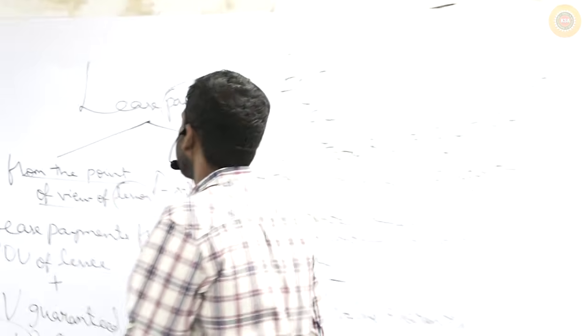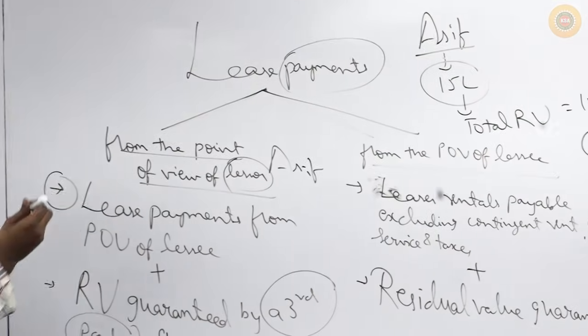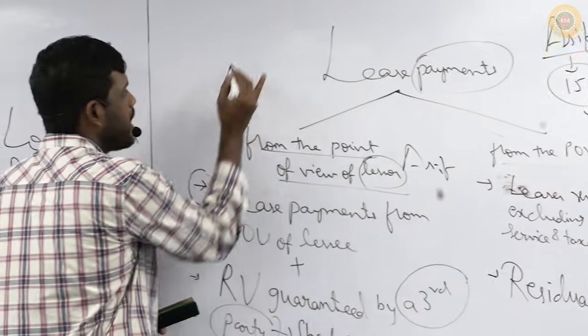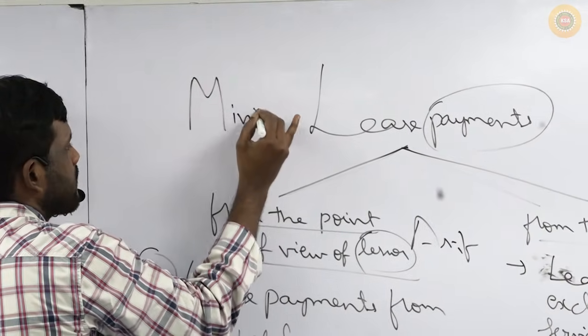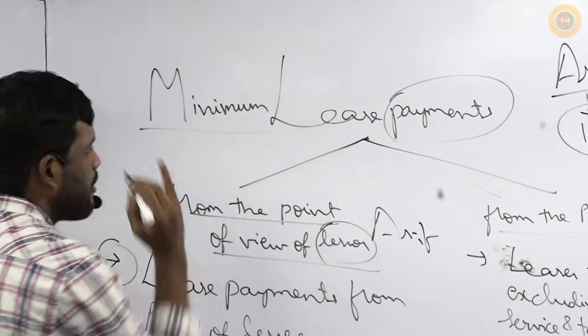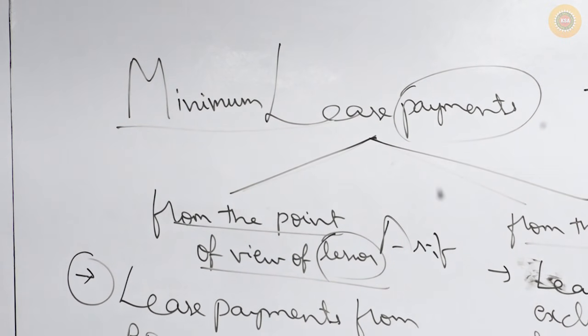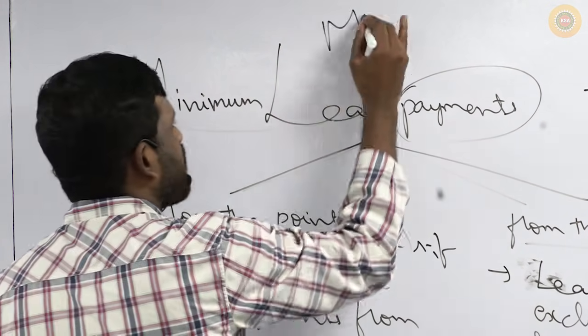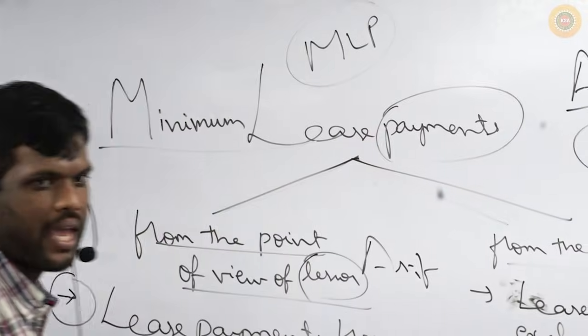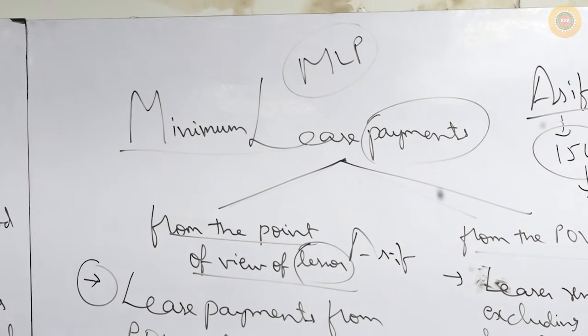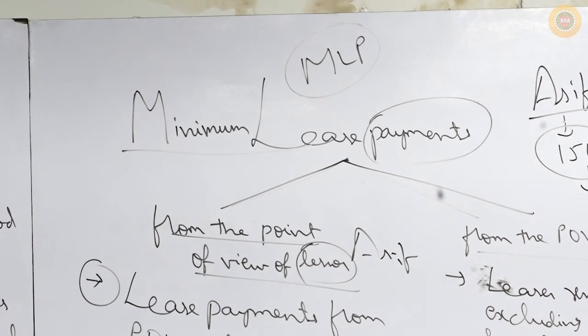இந்த லீஸ் பேமெண்ட்ஸ்க்கு முன்னாடி, our book will call this as minimum lease payments. Minimum lease payments, MLP. எங்கேயாச்சும் MLP ன்னு சொன்னா that is called as minimum lease payments.